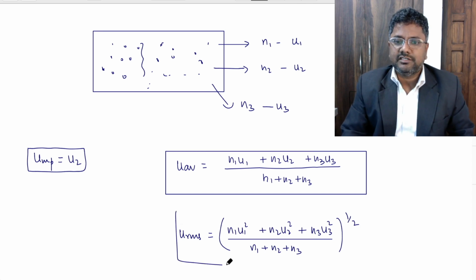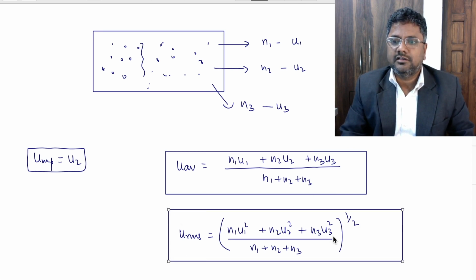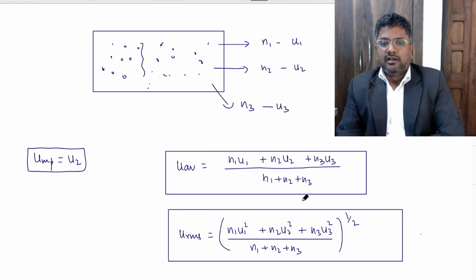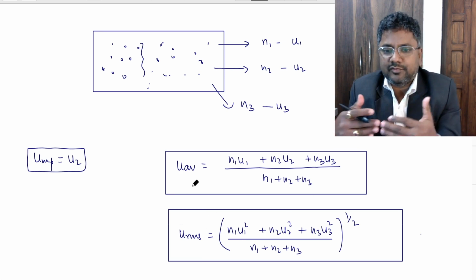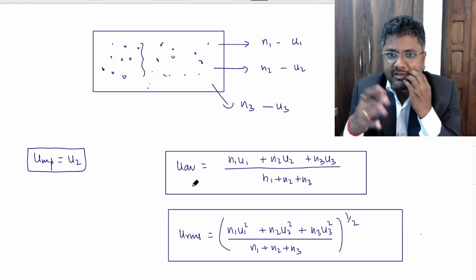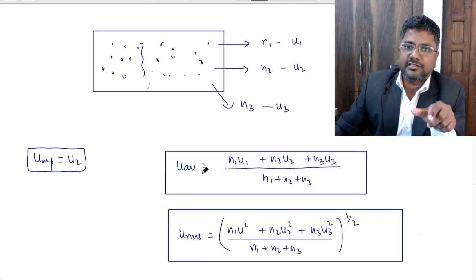So by using this equation you can calculate RMS speed as well. Now you have both methods. If this type of data is given, then you can calculate average speed and RMS speed using this formula.